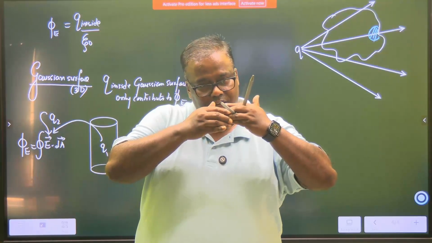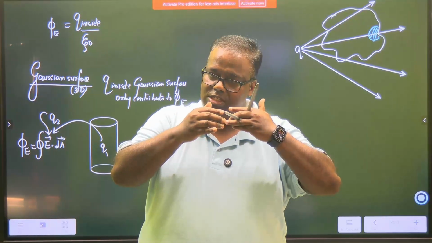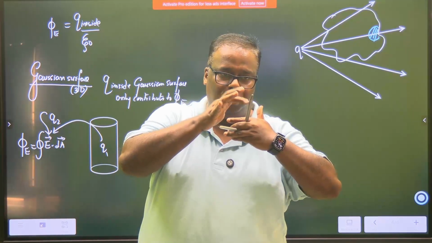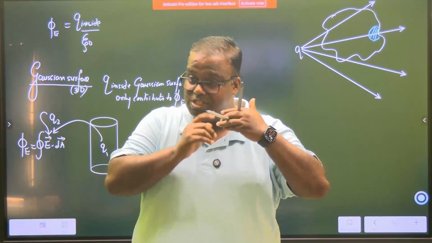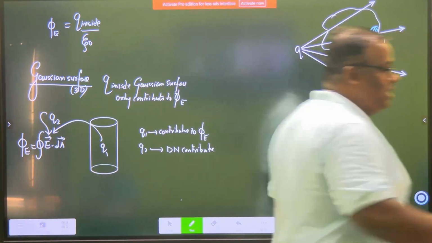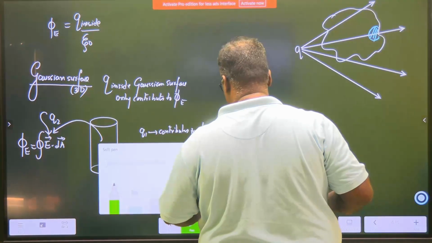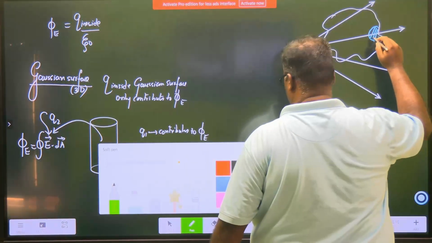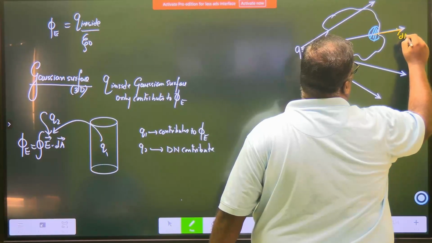Here there is a small area element. Agreed? For this there will be a normal on this side. For this also there will be a normal on this side. There will be a normal on the reverse side also, because it's a 2D surface now. So what I'm trying to say is that there will be an area vector coming out on this side. There will be a dA.